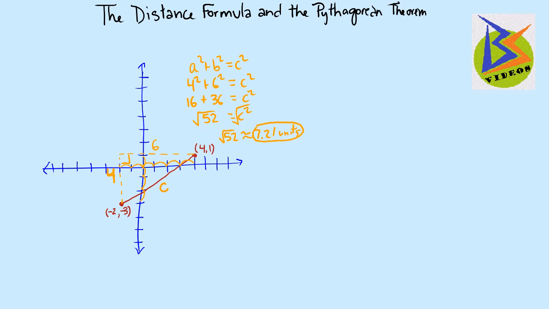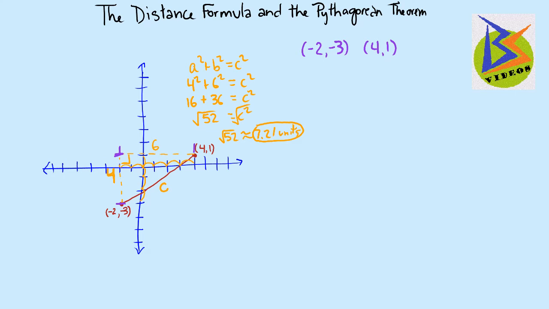Okay, so a different way we can look at this, where we don't actually have to have the graph in front of us, is to have our 2 points: (-2, -3) and the point (4, 1). Now really all we're doing is finding the difference between our x points and the difference between our y points to find the lengths of those.